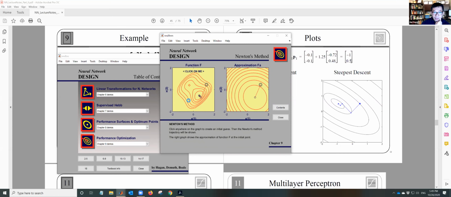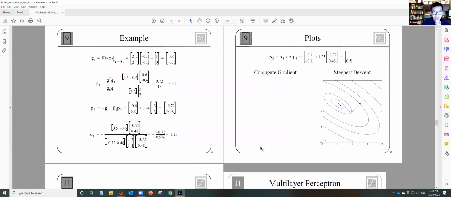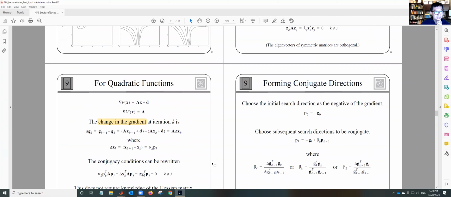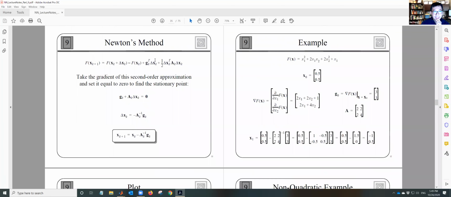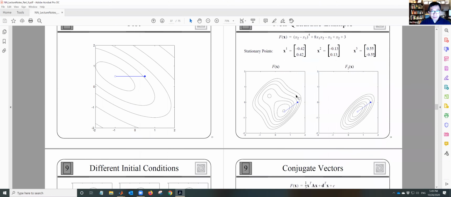It depends on where you are. Newton's method is based on the stationary point: you take the derivative with respect to xk and set it to 0. Then the new point equals xk minus A inverse gk.